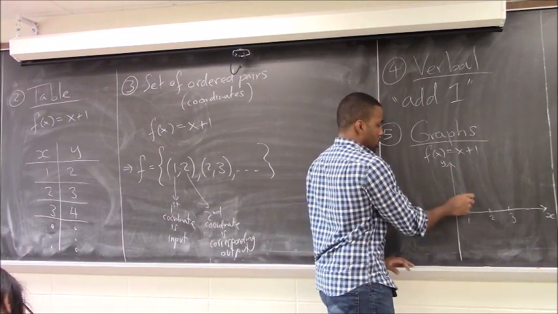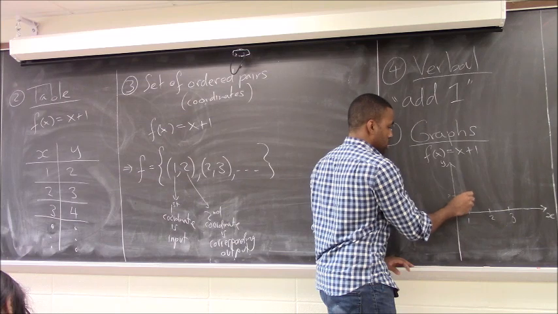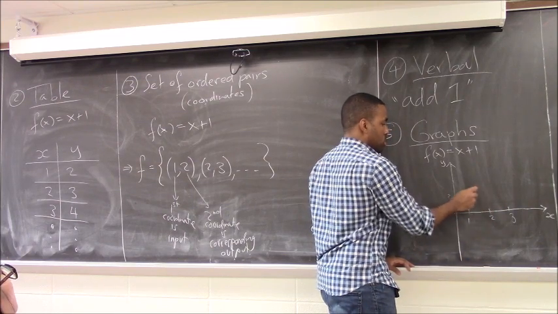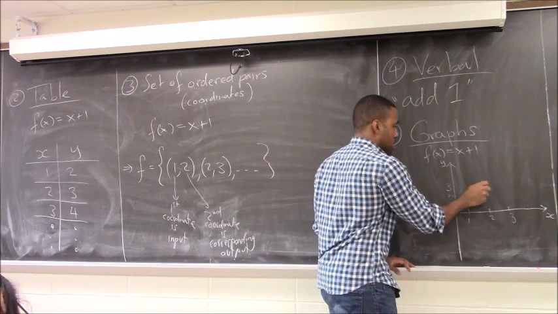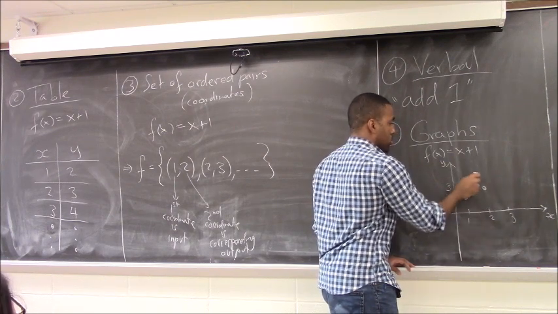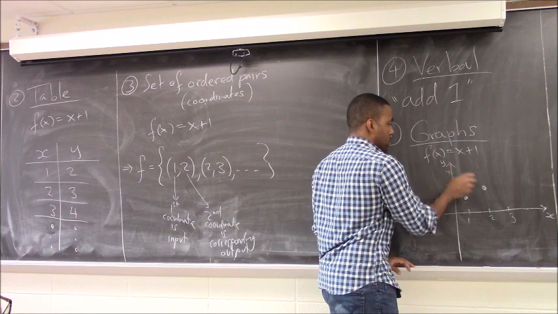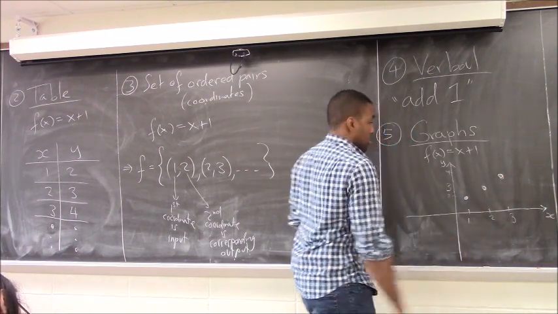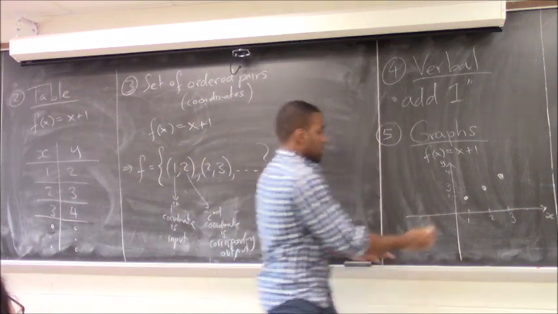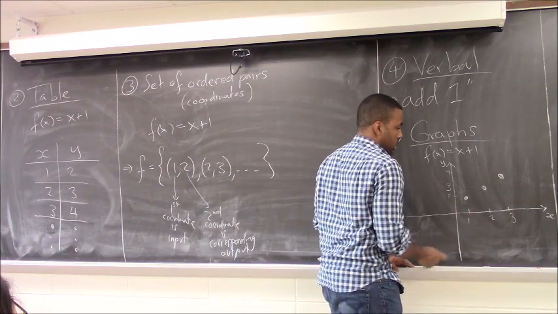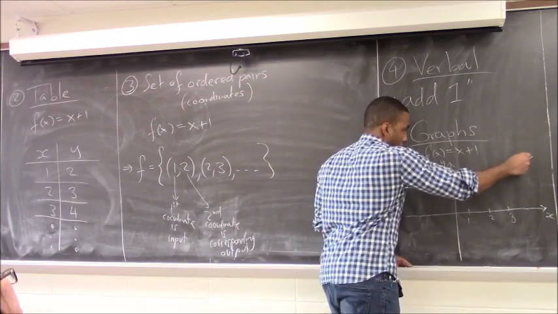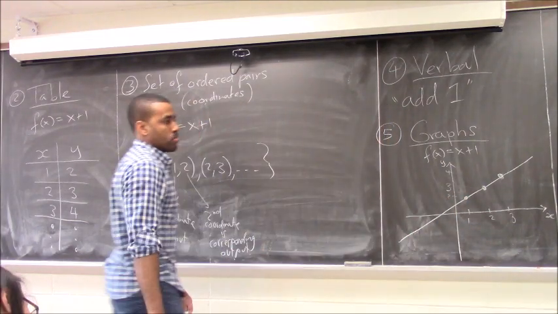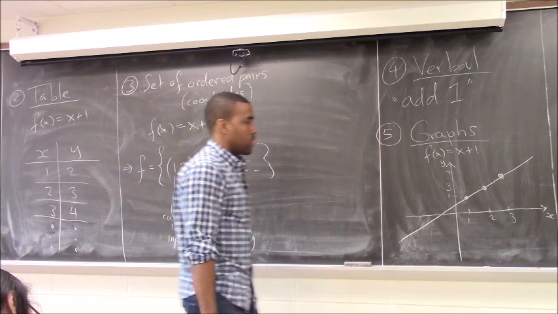So 1 would go to 2, and you can plot that point, right? 2 goes to 3, you can plot that point. 3 goes to 4, you can plot that point, right? And if you want to get everyone in between, if we're looking at the real numbers, then we can connect all those lines. So that graph can represent a function.